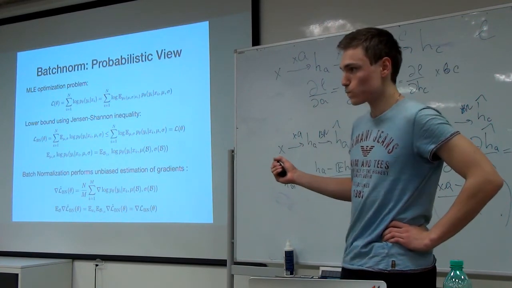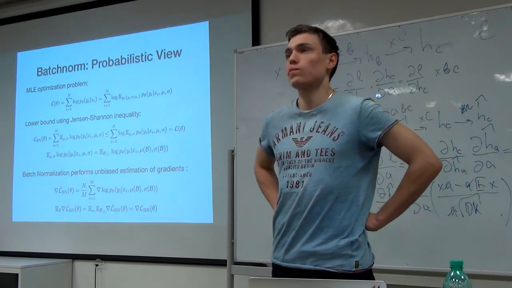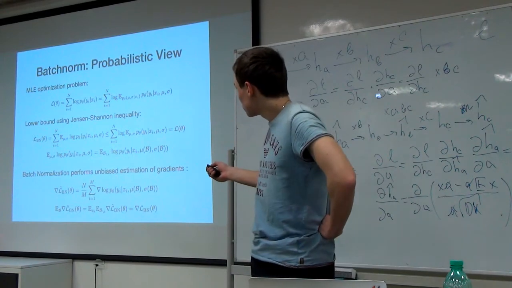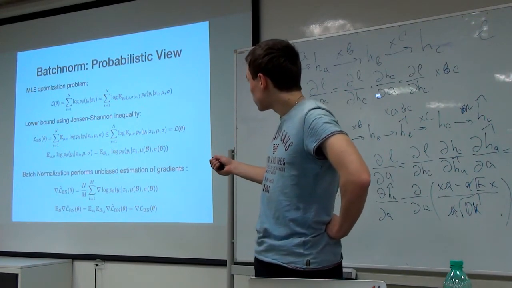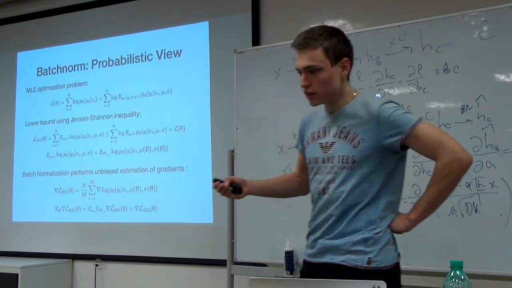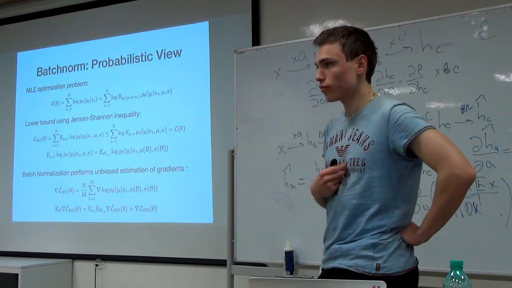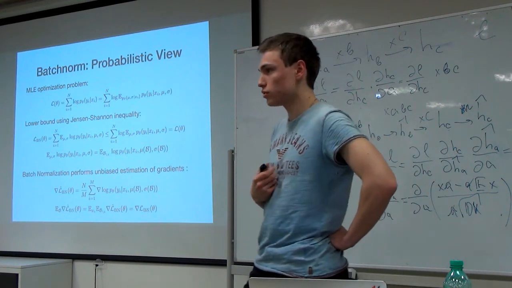And why can't we maximize the incomplete likelihood directly? Because of the logarithm here, and this expectation is intractable. So we actually can't take into account all batches. And we can't substitute it with a Monte Carlo estimate, right? Yes, because it will cause bias.